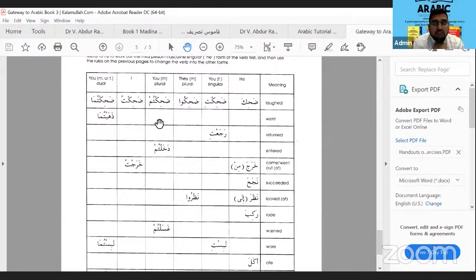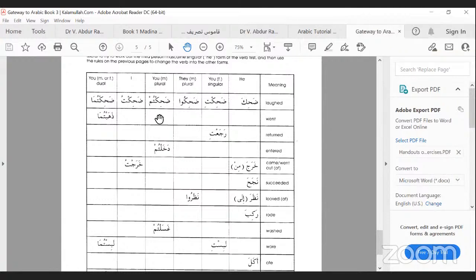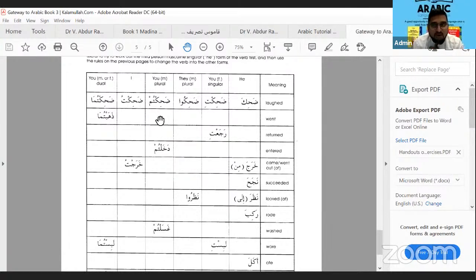You all boys went. So dhahika became dhahiktum. Dhahaba will become ذهبتم. Excellent. Dhahiktu, I laughed.